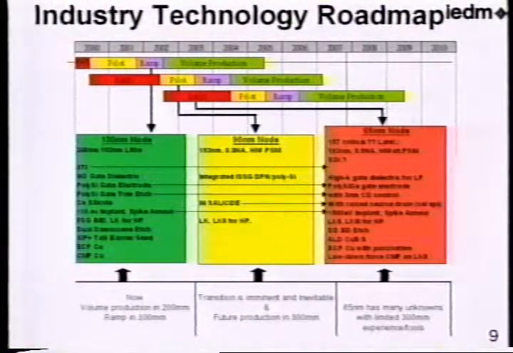Also, from the technology roadmap point of view, the conclusion we can draw is the transition to 300 millimeter is imminent and inevitable. Why? Because right now, although the volume production of 0.13 micron technology is still in 200 millimeter, everybody is doing production ramp in their new 300 millimeter fab.